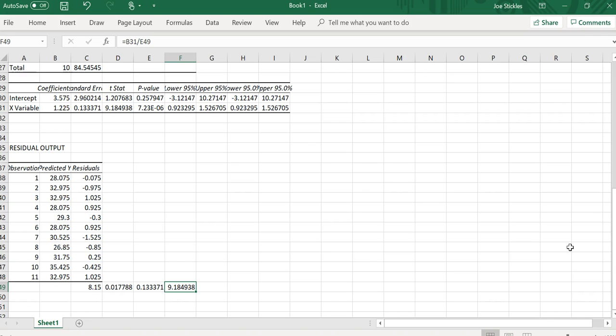Now notice in this case, we're confident that we've got a slope. Are we so confident that we have a y-intercept? Looking at that p-value, are we so confident that we have a non-zero y-intercept, with a p-value of 0.25? That's not very high, right?